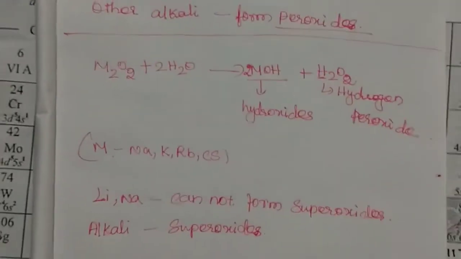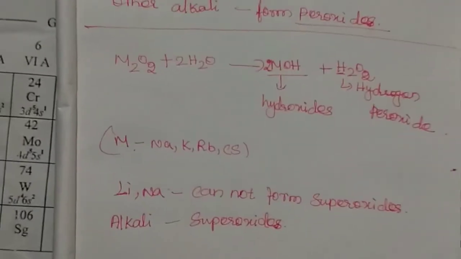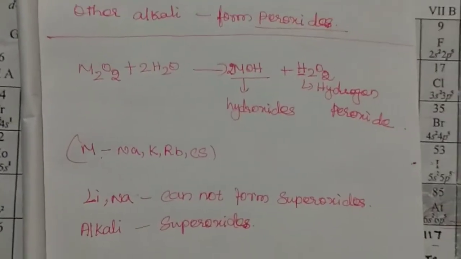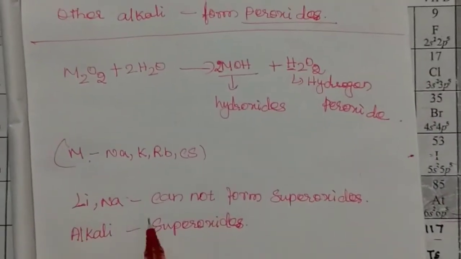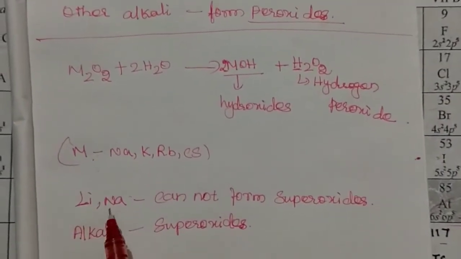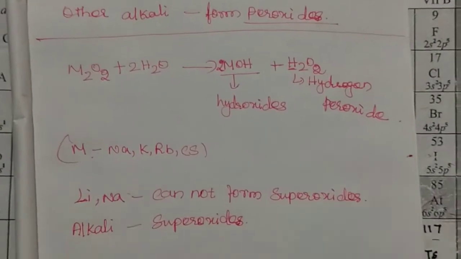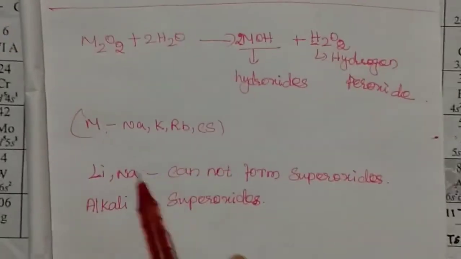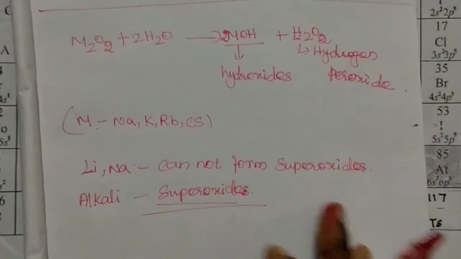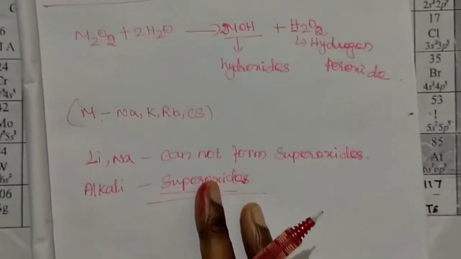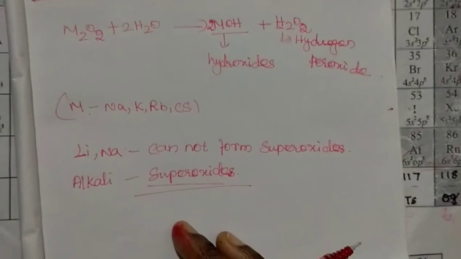All the alkali metals can form oxides except lithium. All the metals can form peroxide. Then the next exception case: lithium and sodium cannot form superoxide, but the other alkali metals can form superoxides. The formation of the superoxides is given below in the equation.